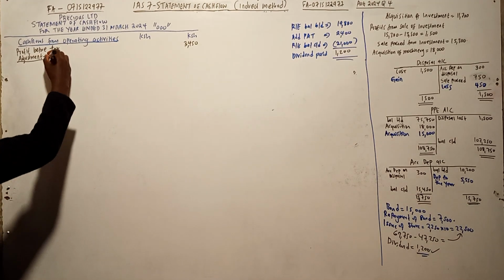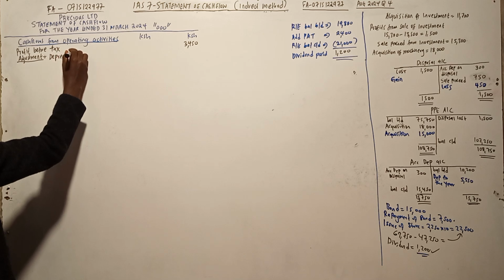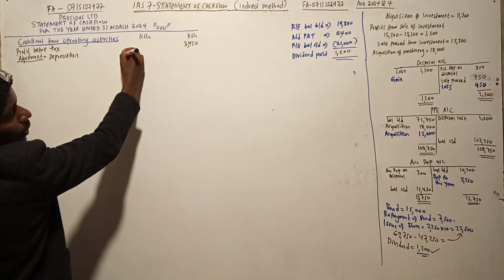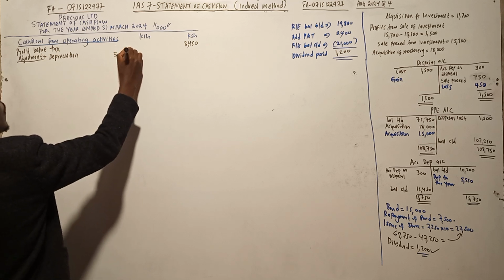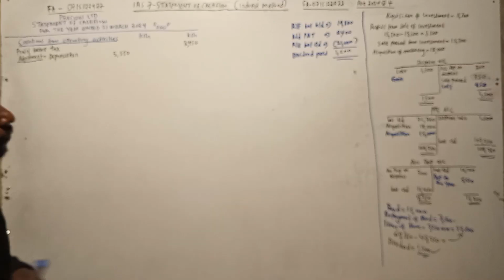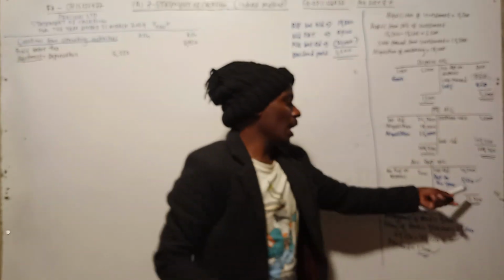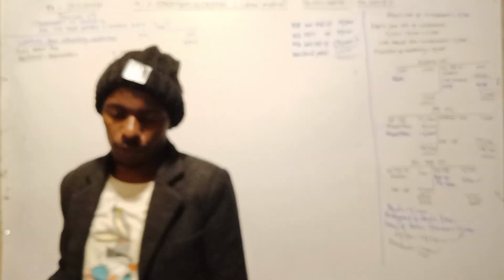So we say depreciation. Let me put the amount: 5550. Here it is. As you can see here, we were given it in our additional information.